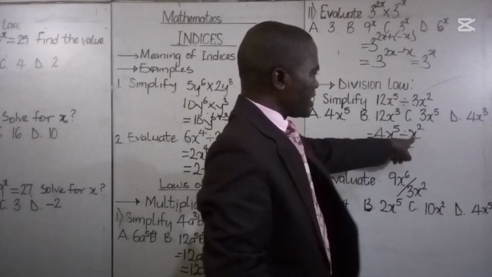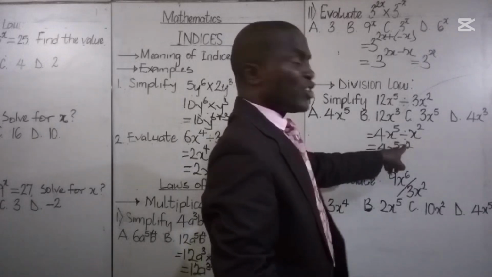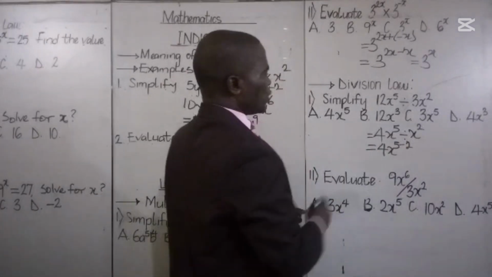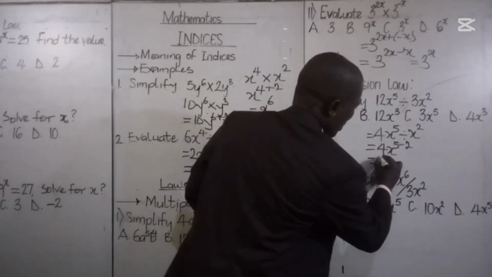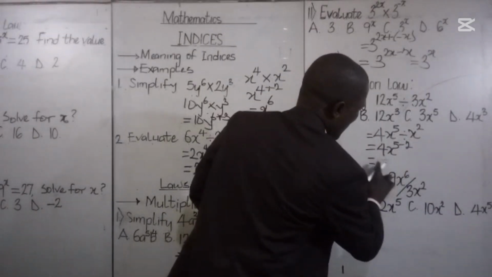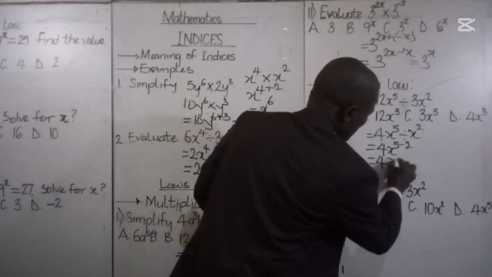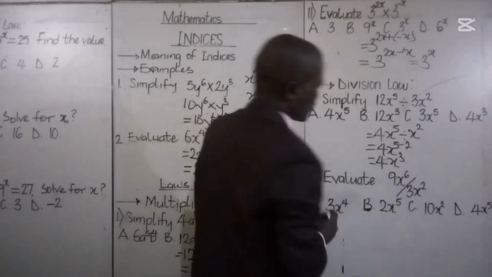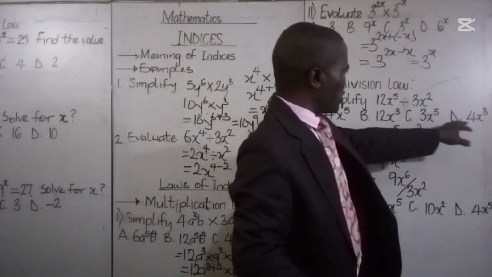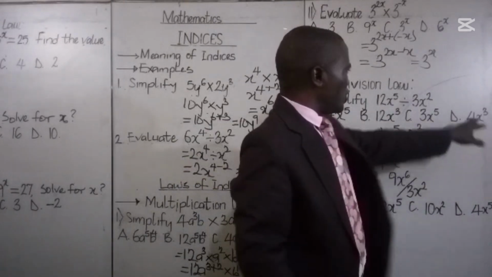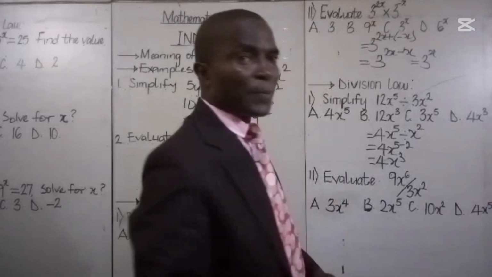So since this term and this term are similar to each other, we can change the division sign to subtraction. So the final answer now becomes 4x raised to power of 3. So the most appropriate option here is option D, 4x raised to power 3.